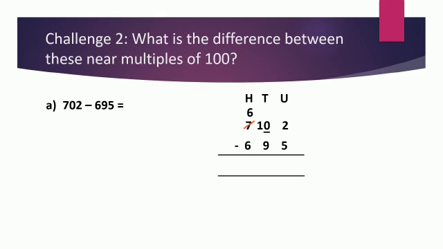So in the place of 7 there will be 6, and the 0 will now become 10 because we have taken carry from 7. Now from 10 we will give 1 to 2.